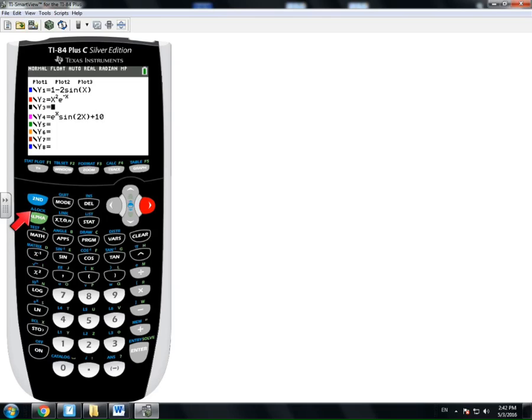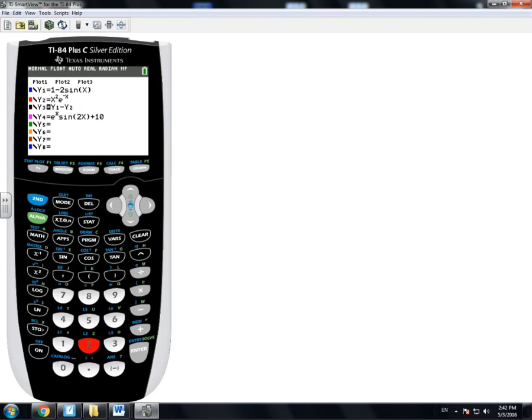So I'm going to go alpha trace, and that pulls up my y1s and so forth. We go y1, so I hit enter, and then I hit minus, and I go alpha trace again, and I choose option 2 for y2.